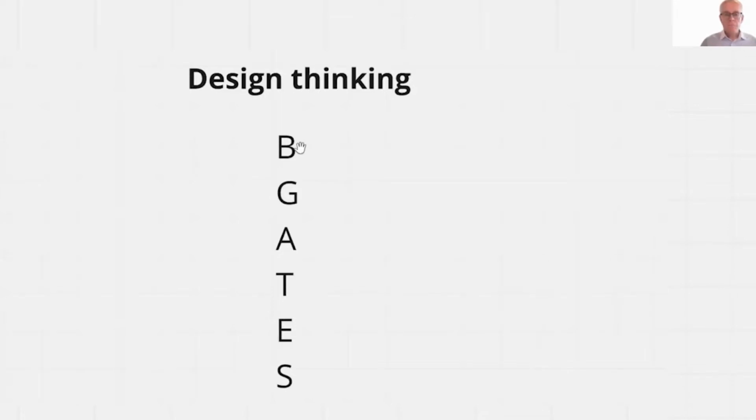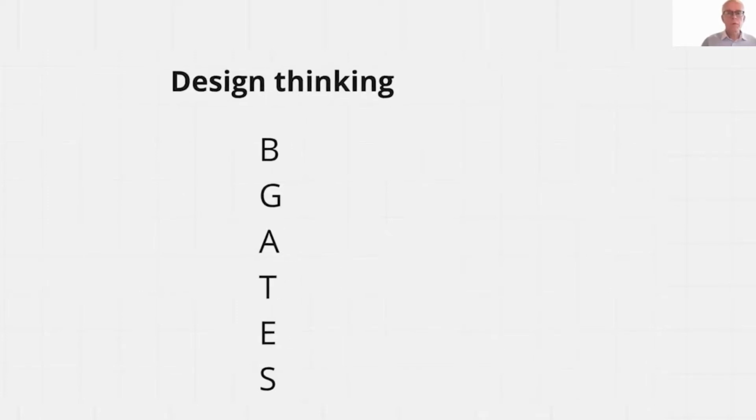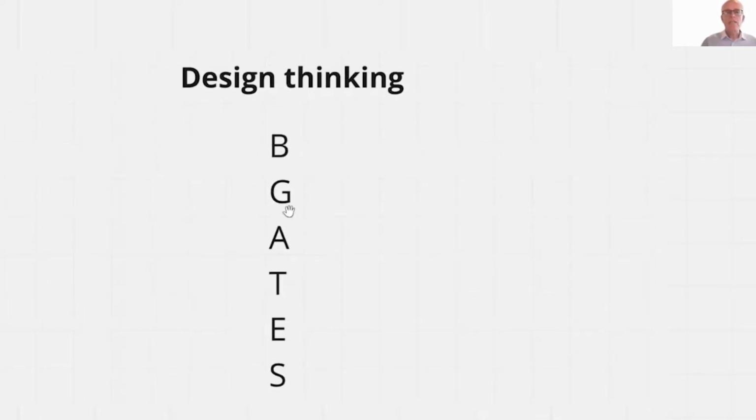So B Gates is basically a process that I go through every time I design somebody's website or web application. And it stands for B, no, it's not for Bill, it's for budget.